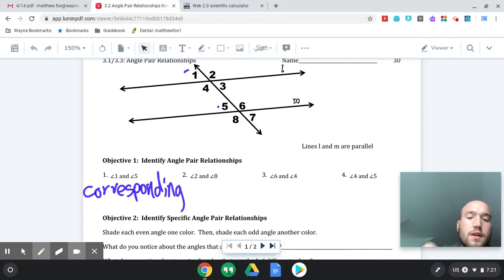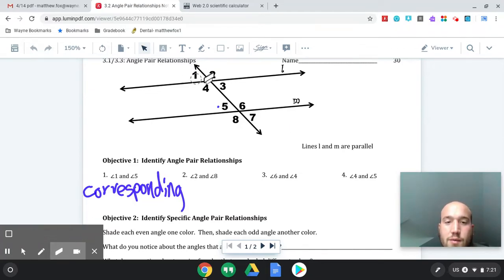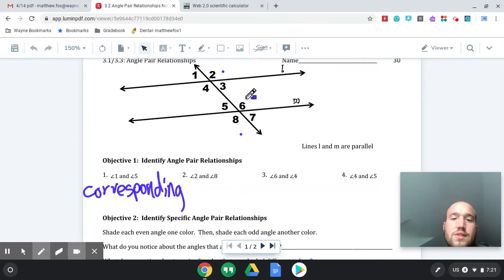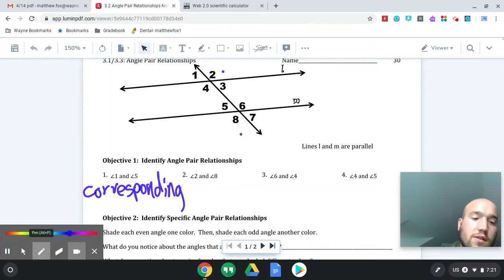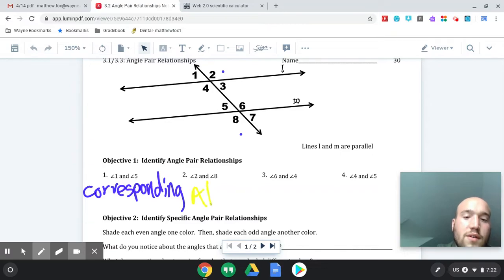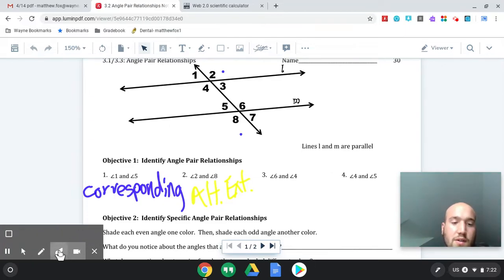All right, and our next one, rather than 1 and 5, we're going to use angle 2 and angle 8. Now these are on the outside of the lines, so exterior, and they're on either side, so we're going to call that alternate exterior. I'm just going to abbreviate alt exterior. You guys are fine to do that also. It's up to you.